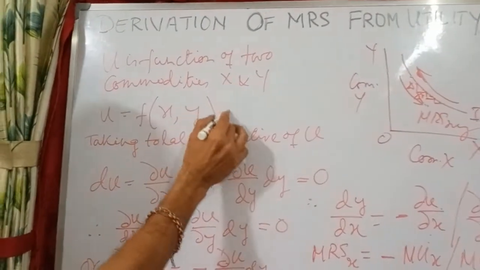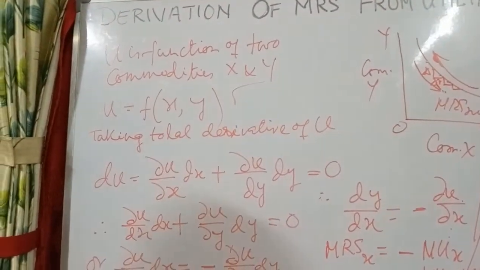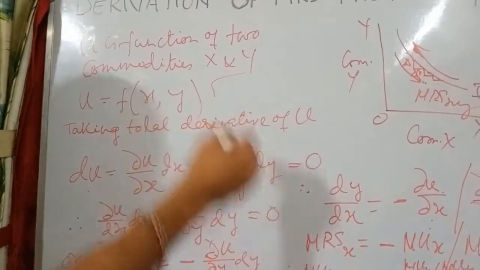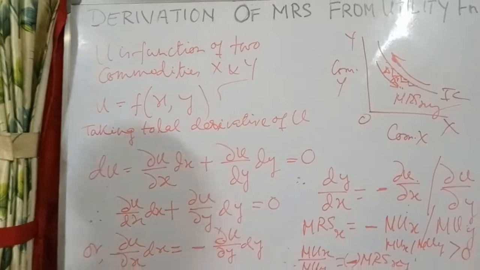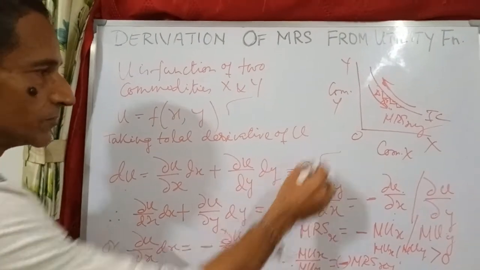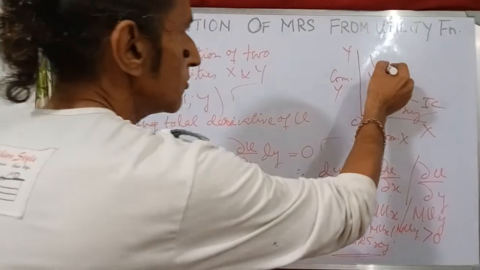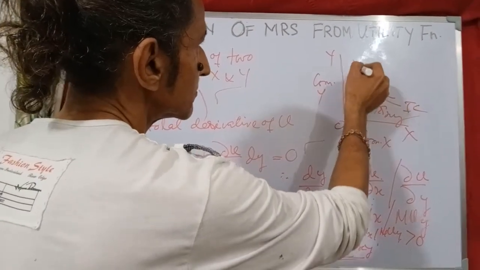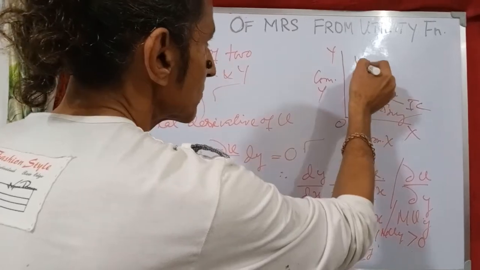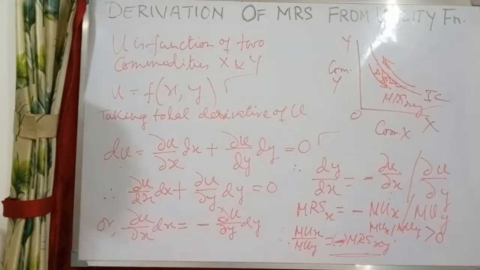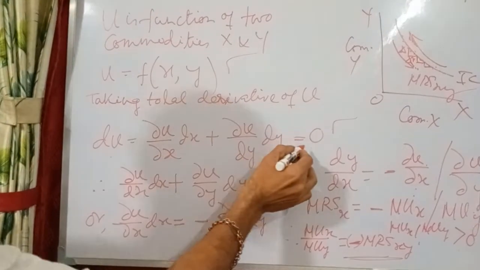This is the utility function. We have taken the total derivative of u with respect to x and y, and we have set it equal to 0 because there is no change in utility or satisfaction along a particular indifference curve. All the points give the same level of satisfaction. Therefore, du is set equal to 0.